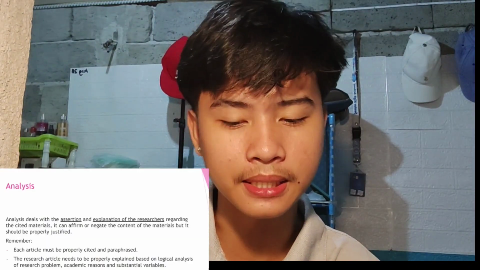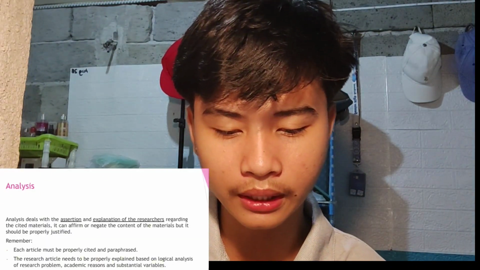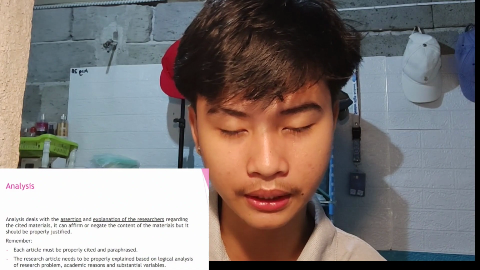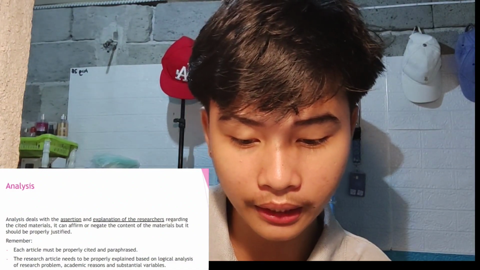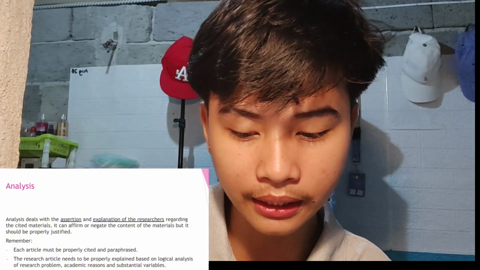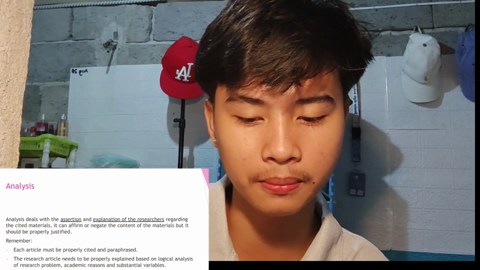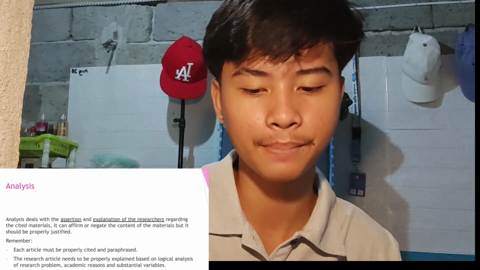So let's proceed to analysis. What is analysis? Analysis deals with the assertion and explanation of the researcher regarding the cited materials. It can affirm or negate the content of the materials, but it should be properly justified.